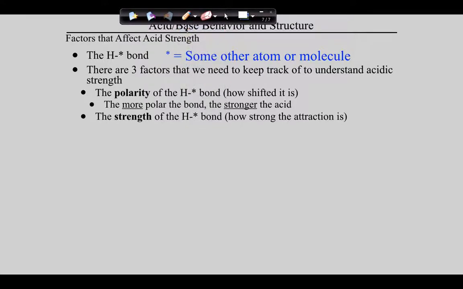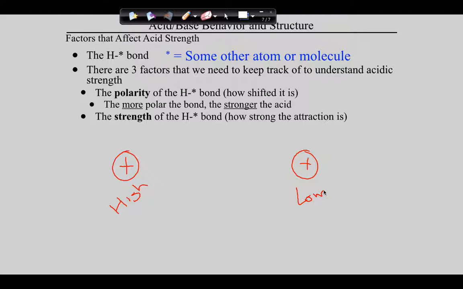So we're going to go nucleus, and what I want to try to do is help you understand the difference between polarity and strength. So guys, we're going to draw the region of increased electron density, okay? So if we have, let's say that this has a high electronegativity and this has a low electronegativity.